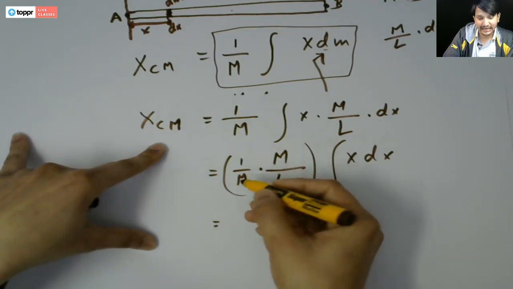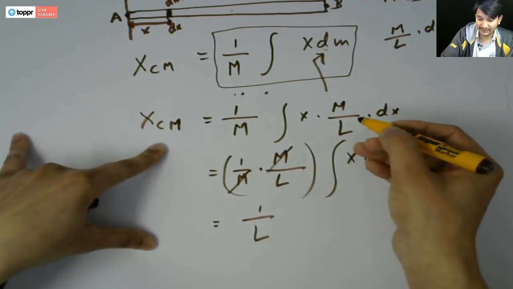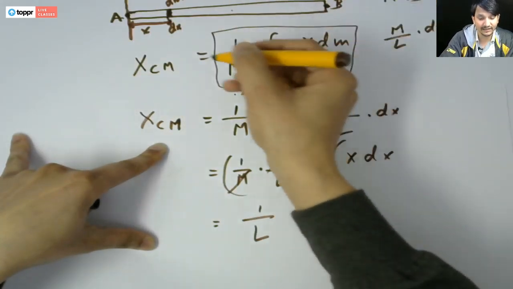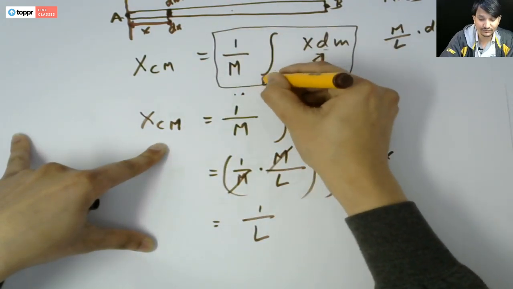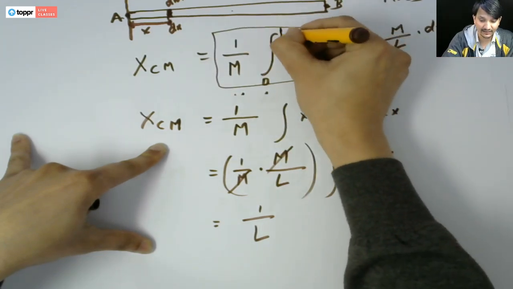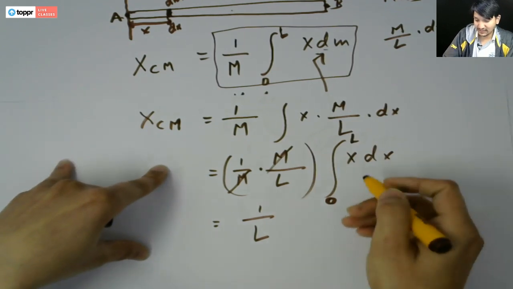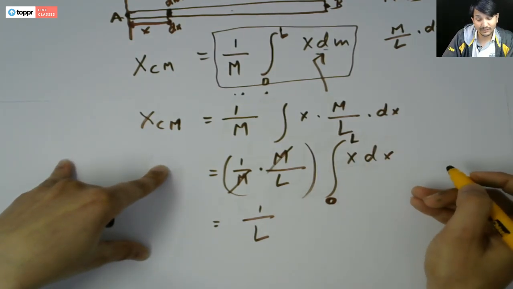equals, m gets crossed out, 1 by L, and we know we are integrating this from point A to point B. So what is the distance from point A to point A? 0. And what is the distance from point A to point B? L. So integration from 0 to L, the integral of x is x square by 2.